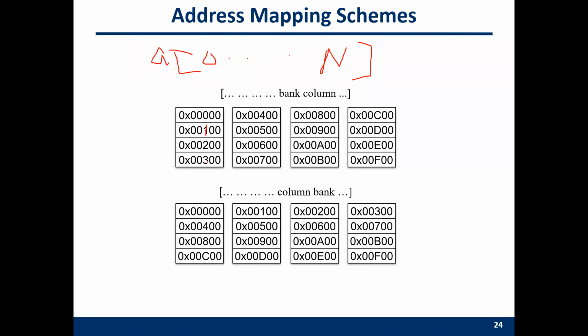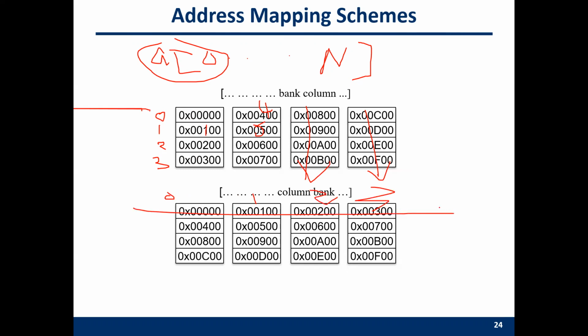Of course, this is in hex format. So each element, for example A0, is 4 bytes, and I can put the A array like this: A0, A1, A2, A3, A4, A5 in this layout, or I can put A0, A1, A2, A3 in this layout.